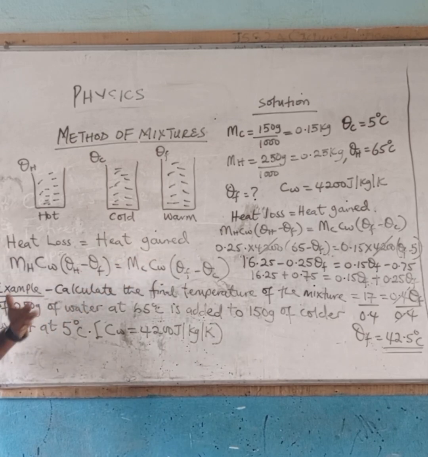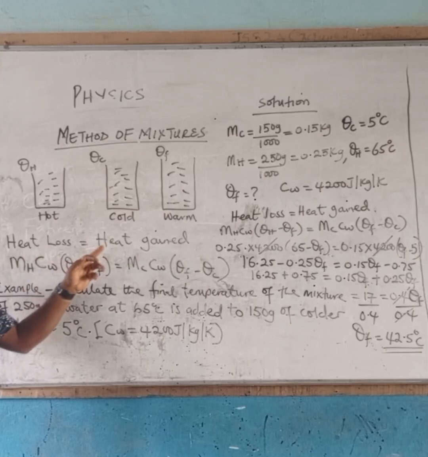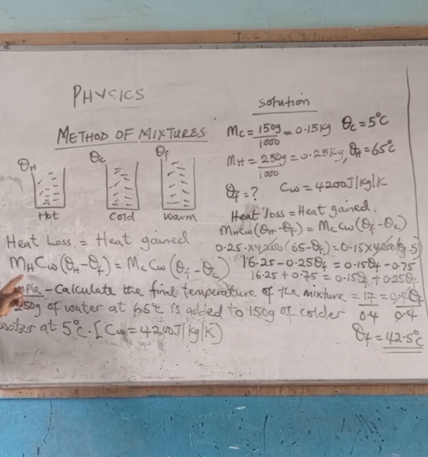At the end of the day, after you have mixed, this is what happened. The amount of heat loss will be equal to the amount of heat gained. Now, we agree that the quantity of heat is equal to mass times specific heat capacity times the change in temperature.